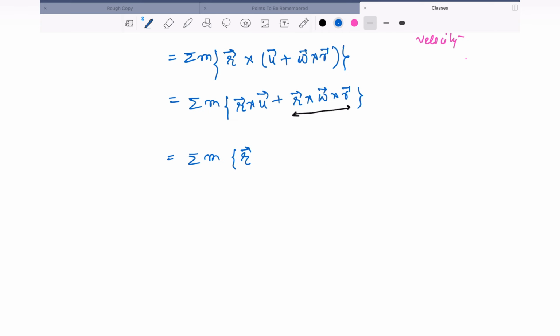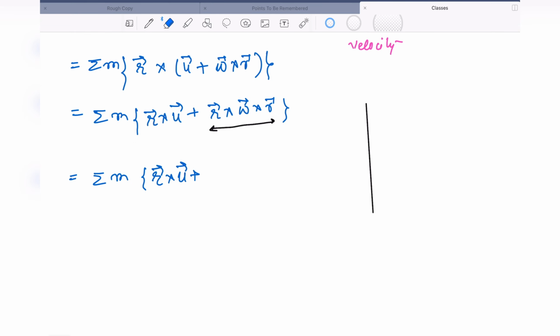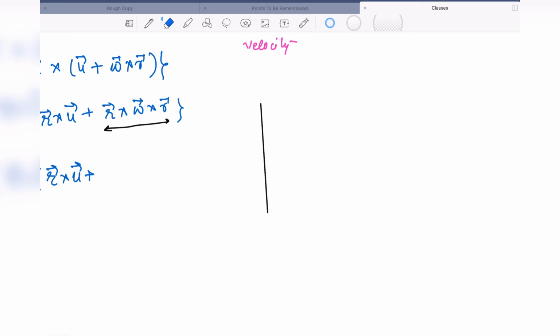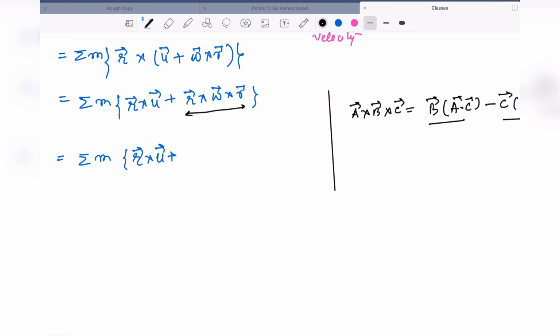We'll leave the first term as it is. Now this term is a vector triple product, so a cross b cross c can be written as b (a dot c) minus c (a dot b). It is also known as BAC-CAB. So we'll break it like this.